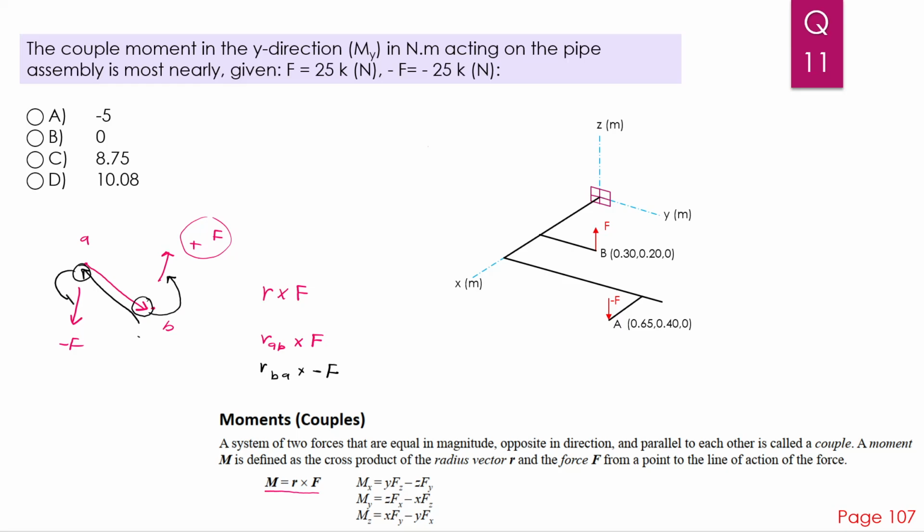Now, how do we want to move? We want to move from point A to point B. So this is our arrow.